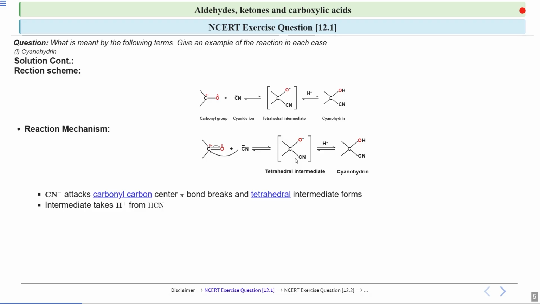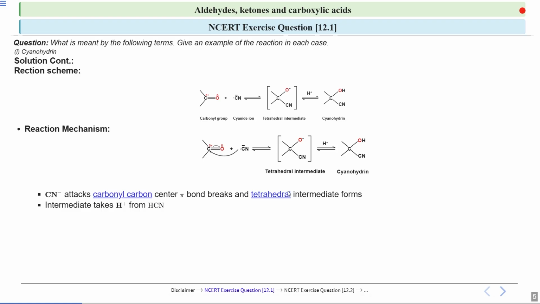Now next, the intermediate which is formed here picks up a hydrogen ion, that is H plus, from hydrogen cyanide, and this step stabilizes the intermediate and we move to a product which is cyanohydrin. Okay, so this is the final product which is formed. This molecule is called cyanohydrin because it has both an OH group and a CN group attached to the same carbon.